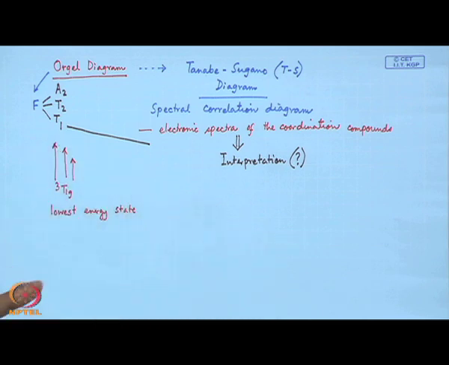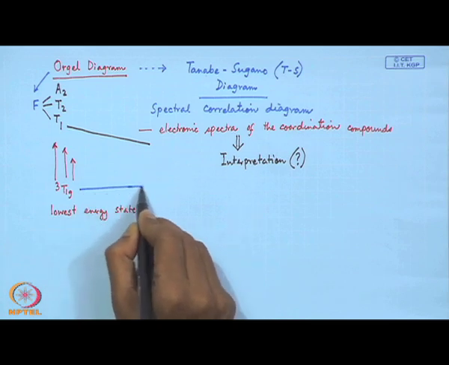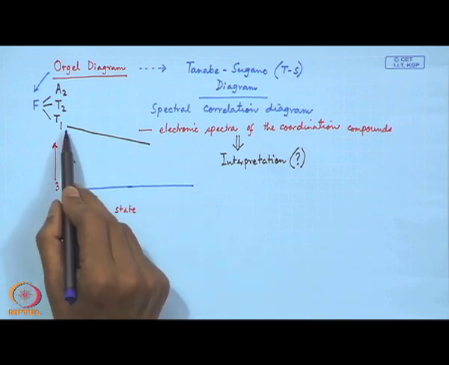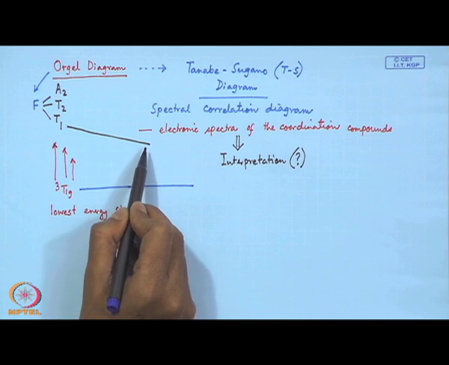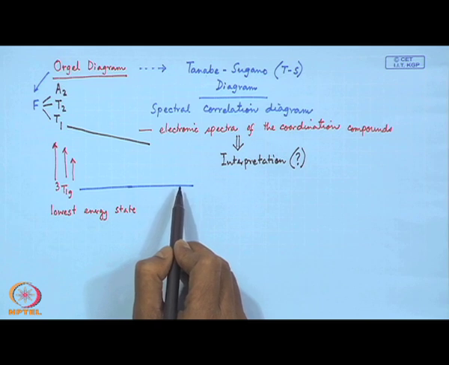So, depending upon its corresponding value for this transition, we try to have this as a typical horizontal line instead of this sloped line. A line with some slope can be converted to a horizontal line.